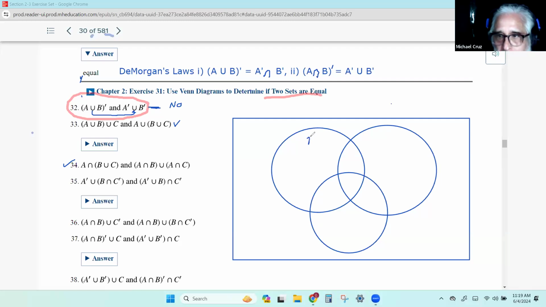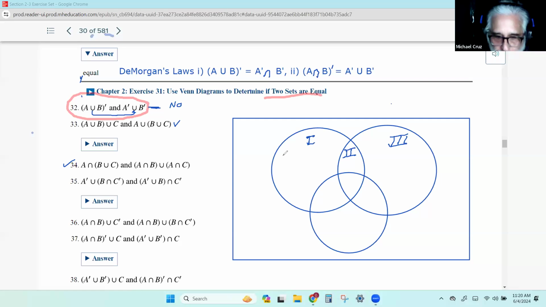So this is 1, wait a second. That's not, I put it in the wrong spot.